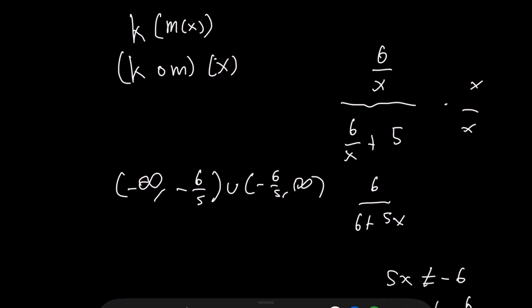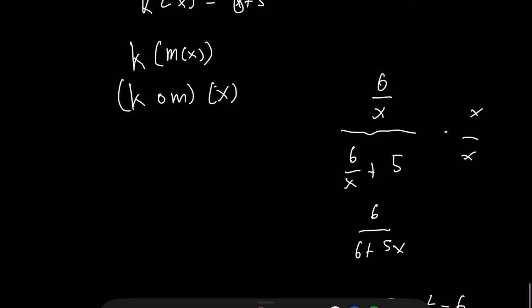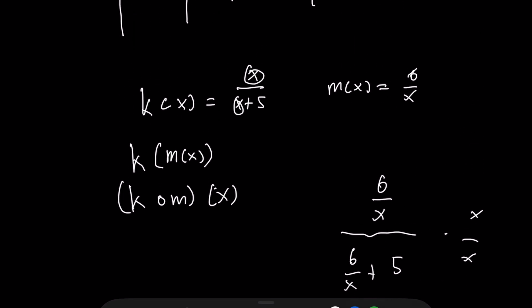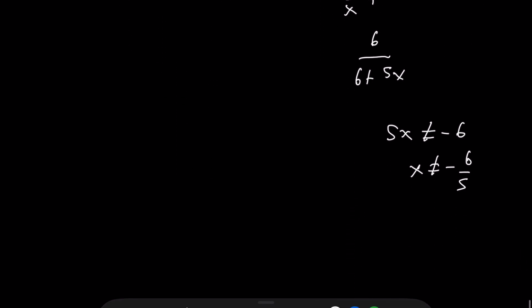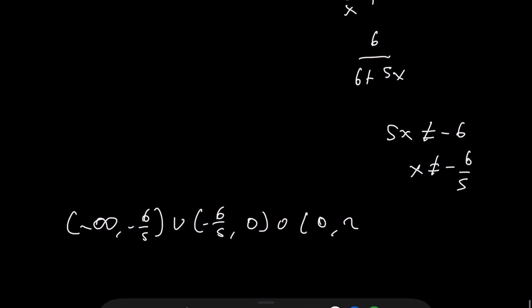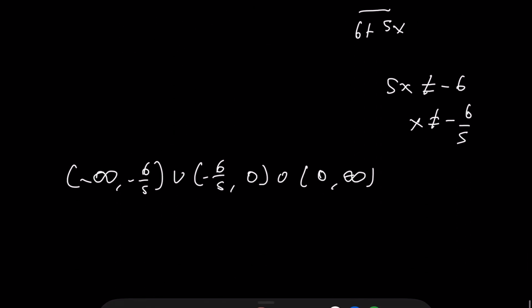I made a bit of a mistake. So our domain would normally be this. However, I forgot to check something. I forgot to check the domain of m of x: you can't plug in 0. So we actually have to include that as well. Because how is this thing going to be defined if our input is not defined? So if m of x is not defined, then we also have to include that in our domain. I apologize. That's my bad.